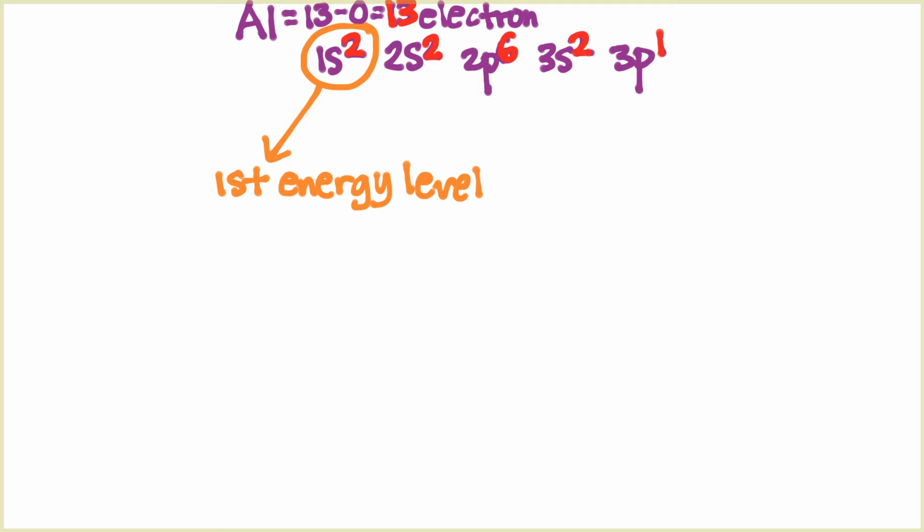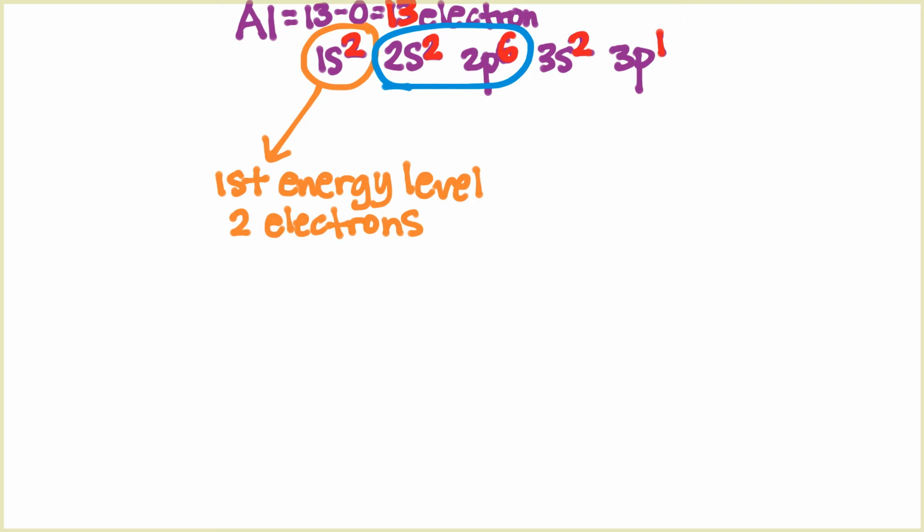We also learned that the exponents tell you the number of electrons. So if you look at the first energy level, you can clearly see you have 2 electrons. Now look at the rest. If you look closely, guys, there are 2 configurations that have a 2 in front, 2s2 and 2p6.